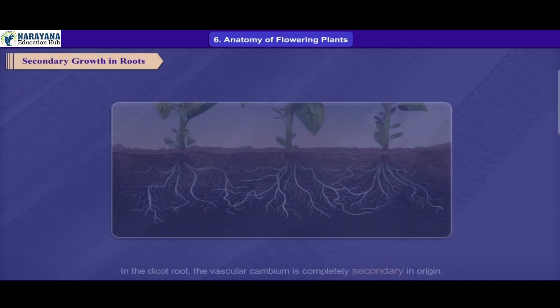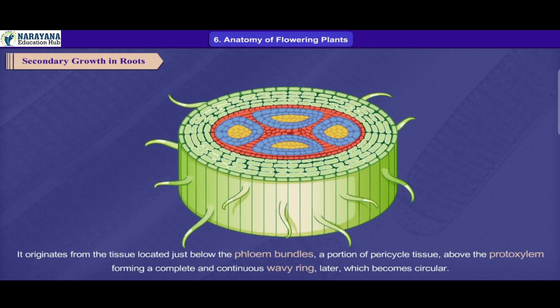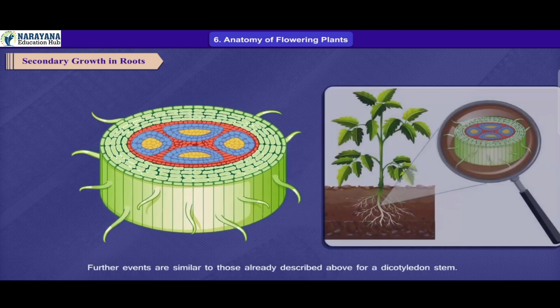Secondary growth in roots. In the dicot root, the vascular cambium is completely secondary in origin. It originates from the tissue located just below the phloem bundles, a portion of pericycle tissue above the protoxylem forming a complete and continuous wavy ring, which later becomes circular.